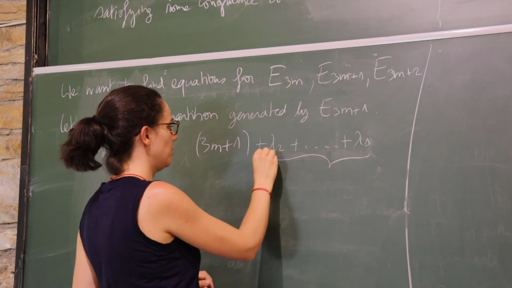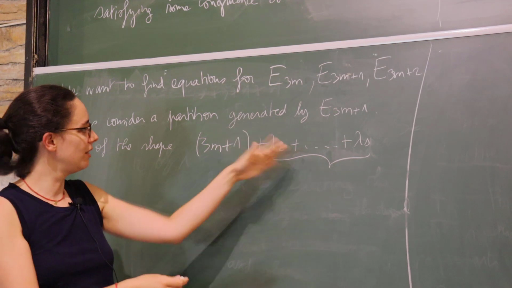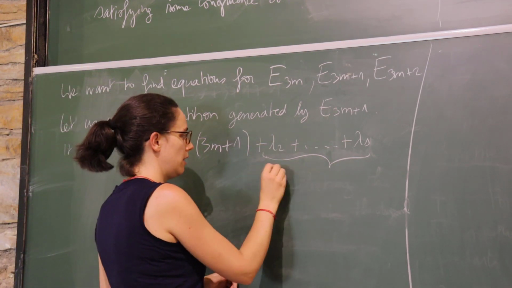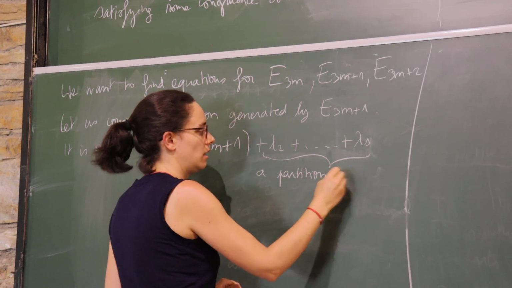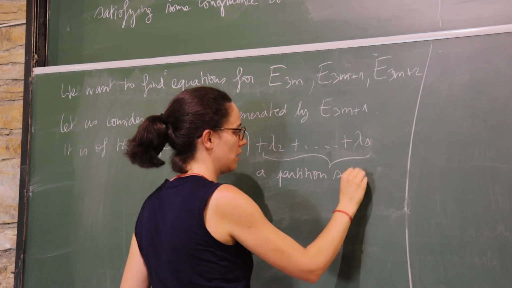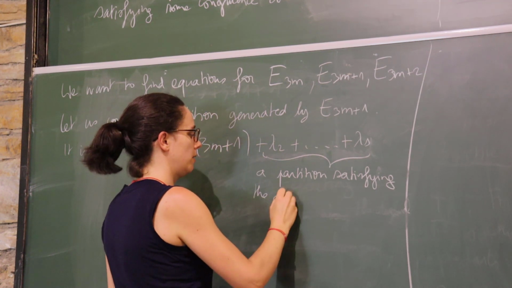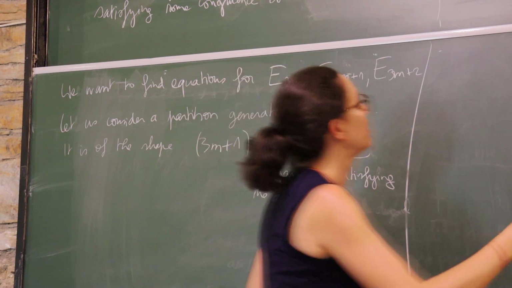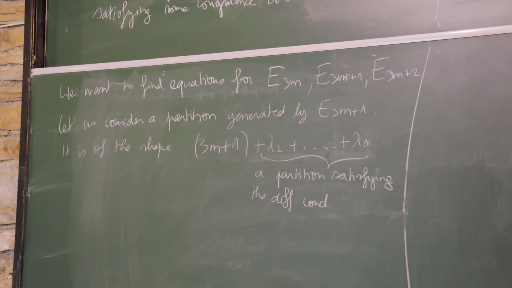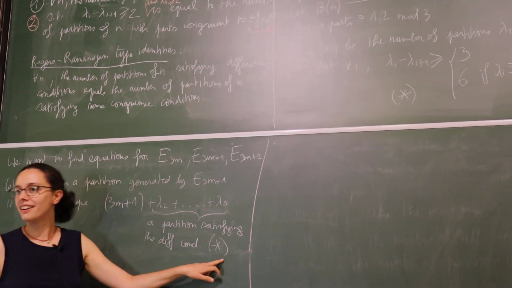So if you single out this first part and you look at the rest, it's a partition satisfying the difference conditions. Maybe I give a name to those difference conditions. I will put some star. So they satisfy the difference condition star.